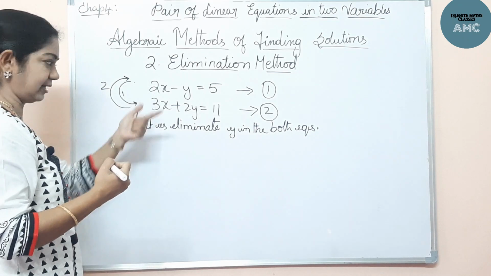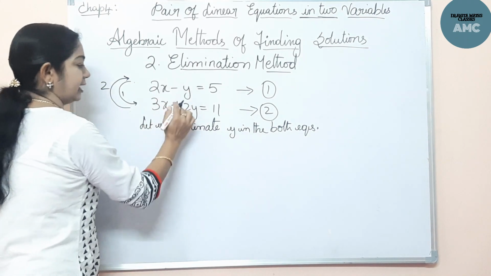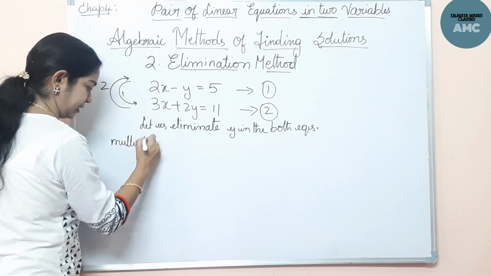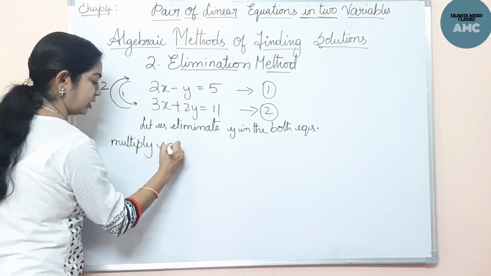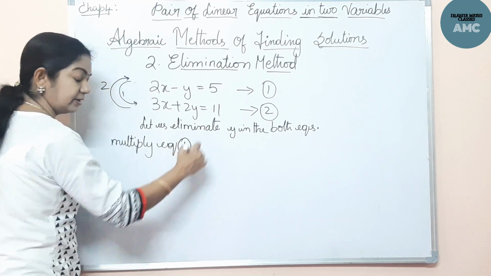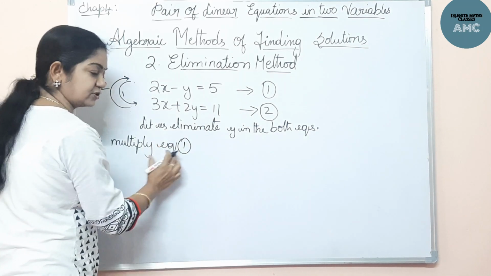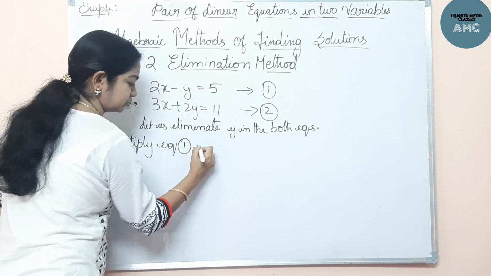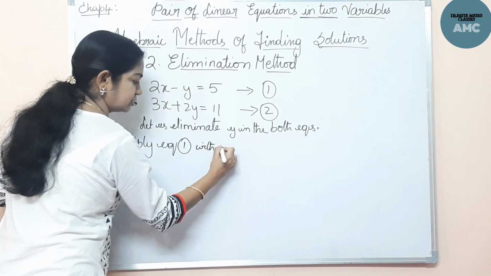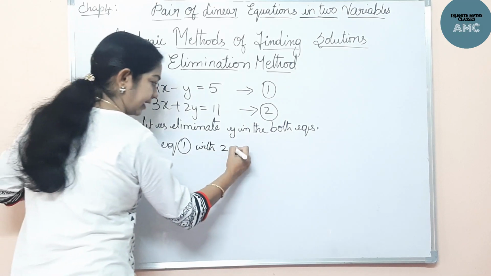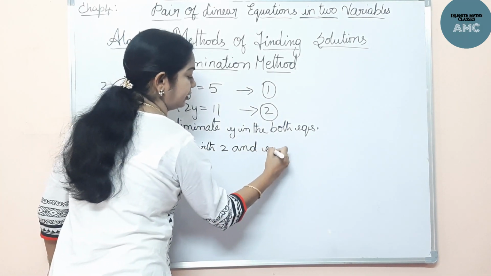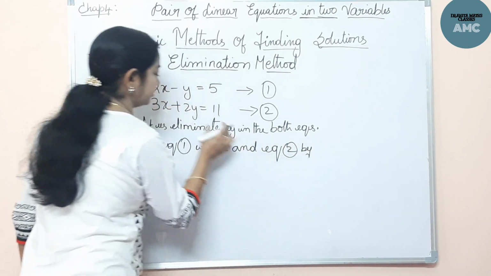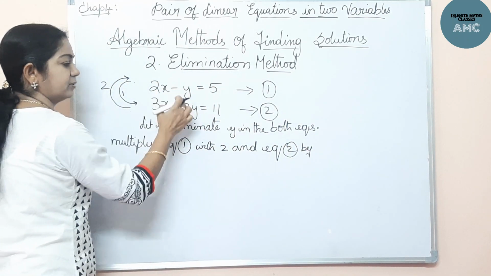Now, for you to explain, we will multiply equation 1, keep it in round brackets so it will not be confused with the number, with 2, and equation 2 with 1.